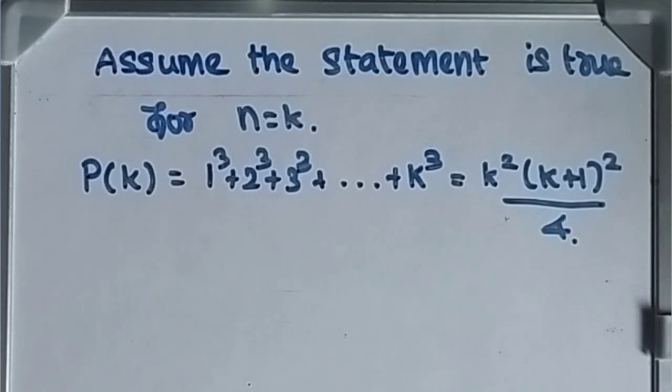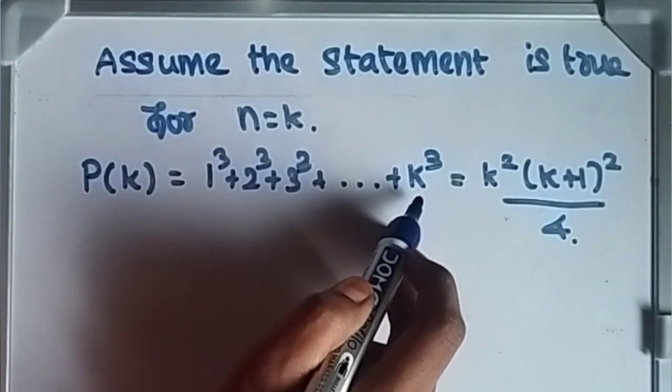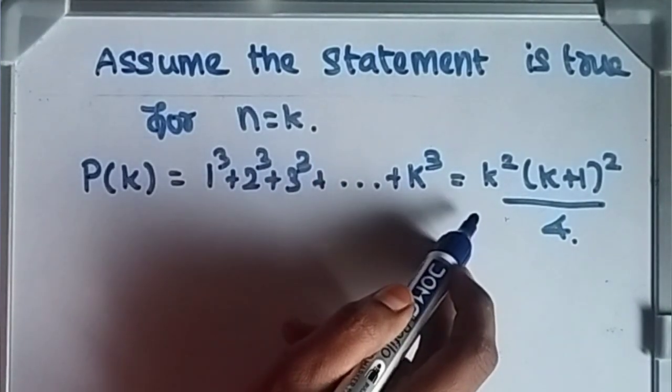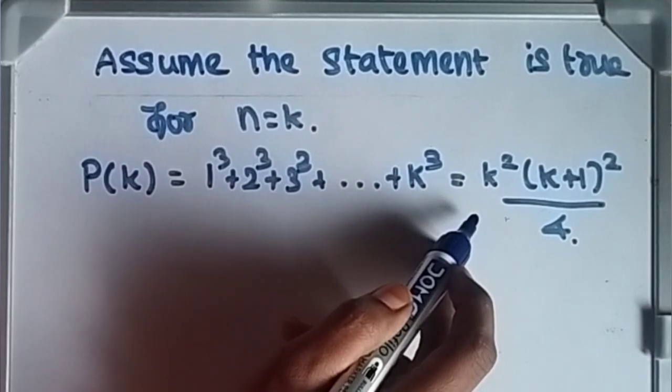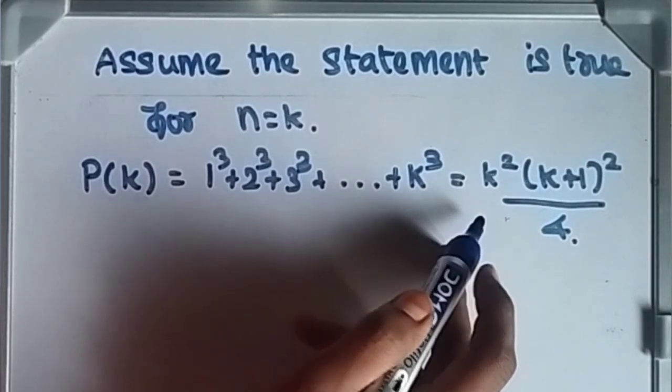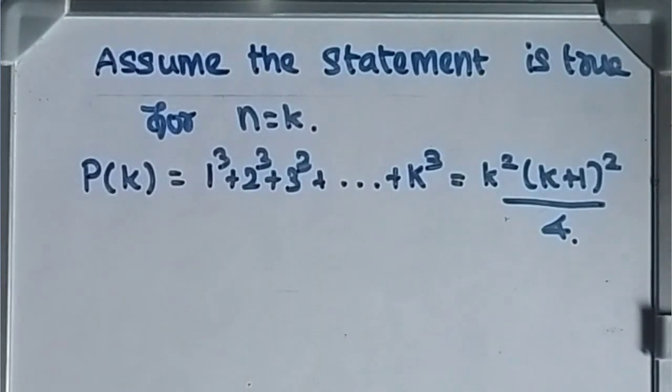So what is the third step? The third step is we are going to add another term. So what is the next term? Here k is the final term, so what will be the next term? The next term will be k plus 1. So now I am adding.